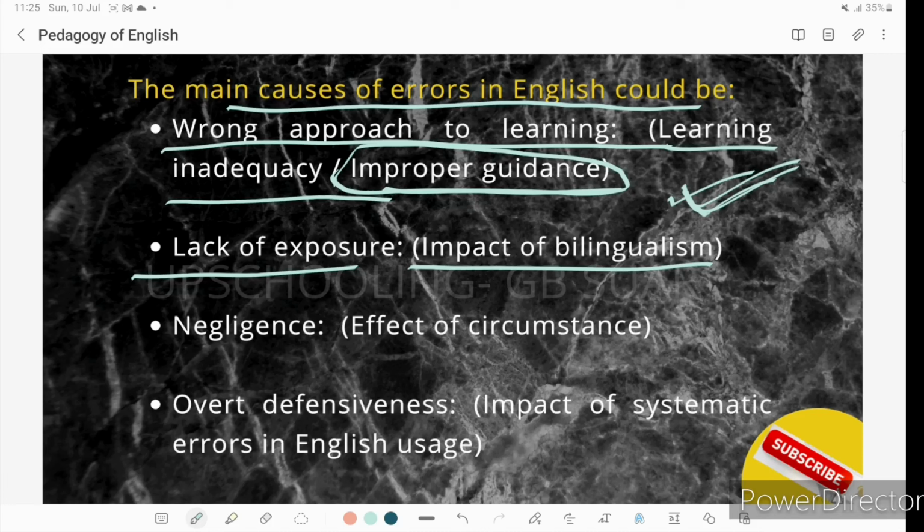But we should not destroy the career of the students. और तीसरी बात है negligence. Effect of circumstance यहाँ पर आएगा. I cannot emphasize this enough. English does not quite make it into the list of important subjects to pay attention to. बहुत सारे schools में बोलते हैं कि English में है क्या, कोई भी पढ़ा देगा.